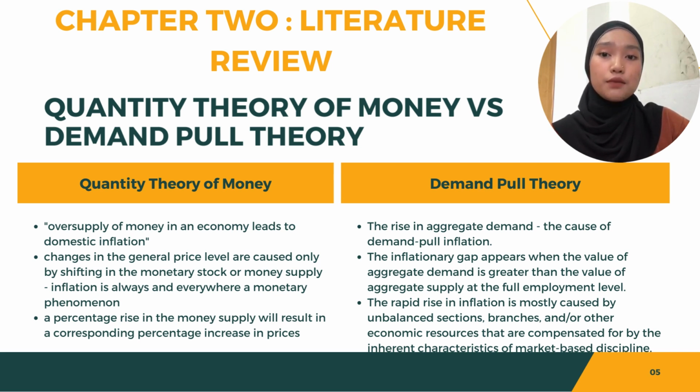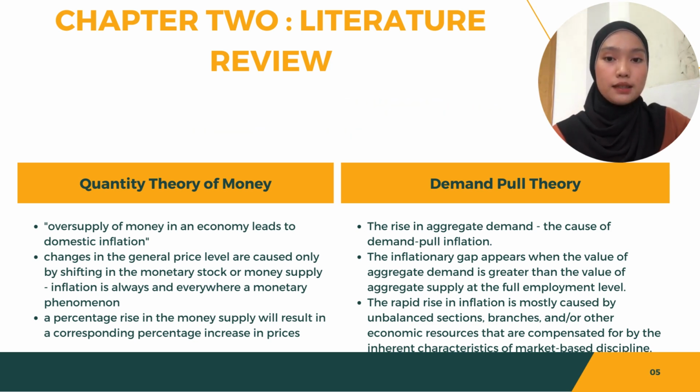The inflation rate increases in direct proportion to the size of the discrepancy between the total demand and total supply. The rapid rise in inflation during times of survival is mostly caused by unbalanced sections, branches, and or other economic resources that are compensated for by the inherent characteristics of market-based discipline.